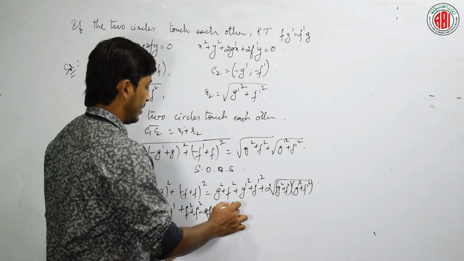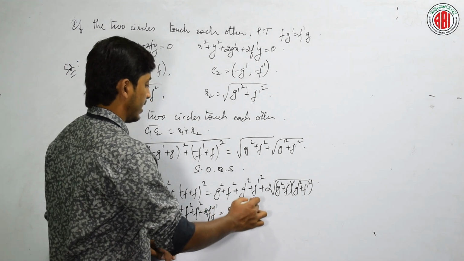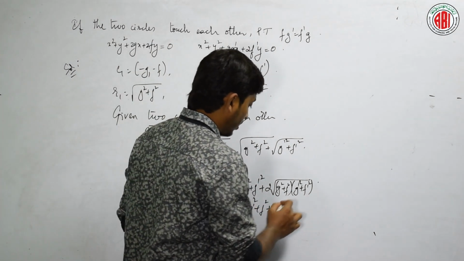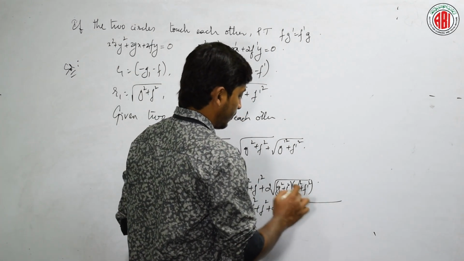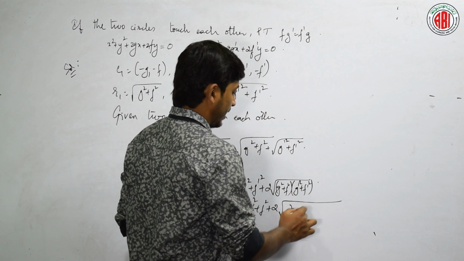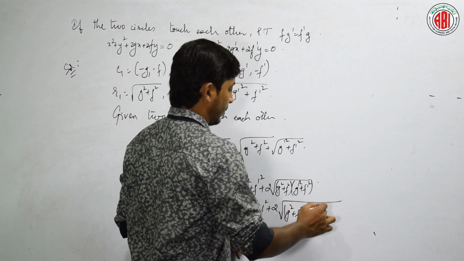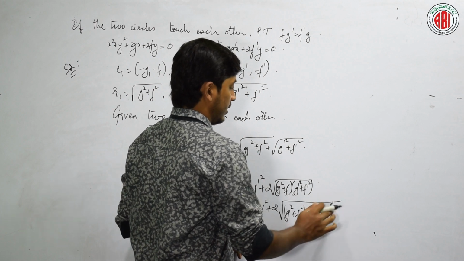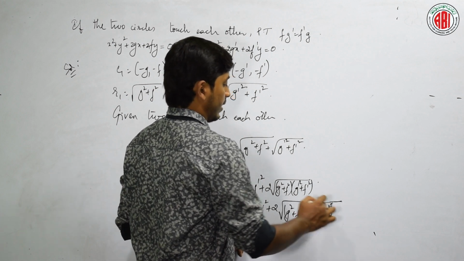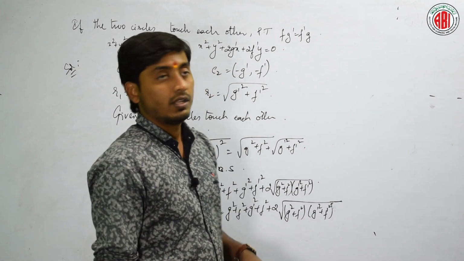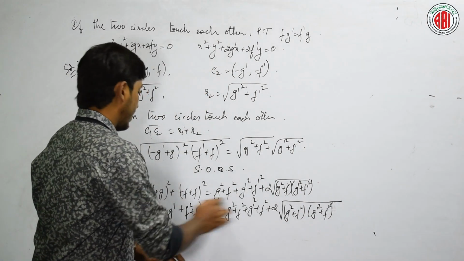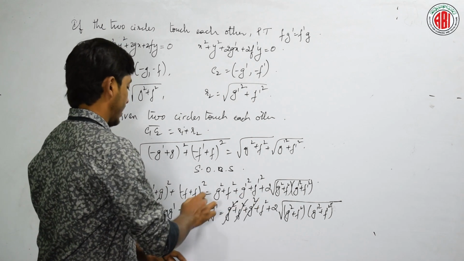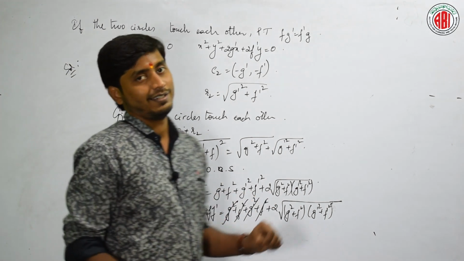Here g square plus f square plus g dash square plus f dash square plus 2 under root of the product. Clear? So, if you observe, g square, f square, g dash square, f dash square got cancelled.